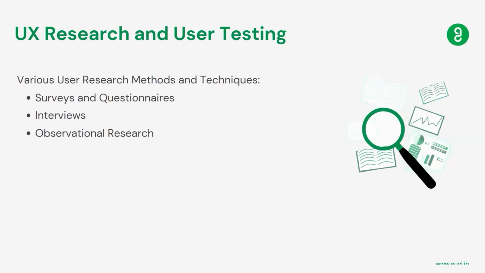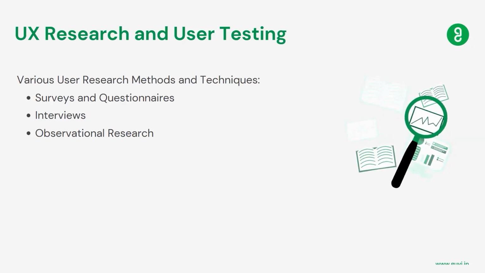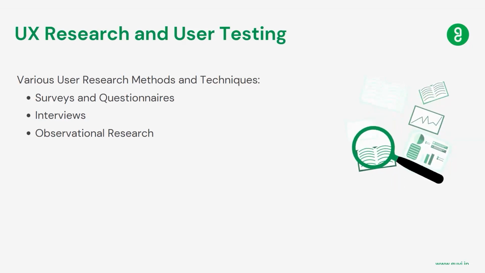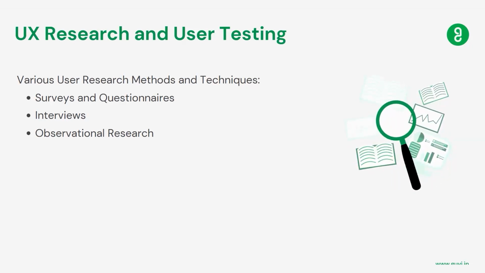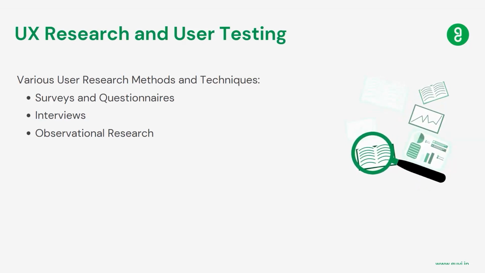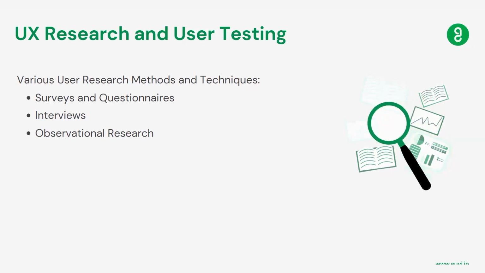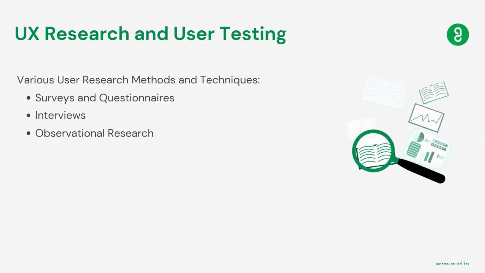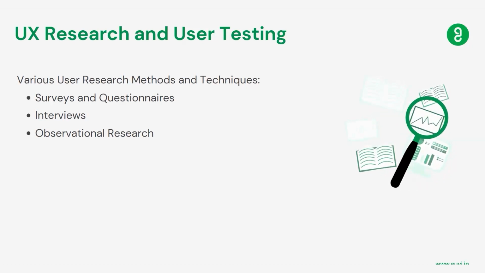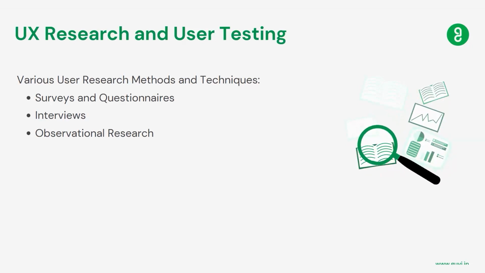But for this research, you must have a product already launched in the market. So if you are doing anything from the scratch, this research is not good for that. So observational research provides valuable insight of the user behavior and reveals potential usability issues. And there are multiple methods that we use according to the demand of the time, budget, and other aspects as well.